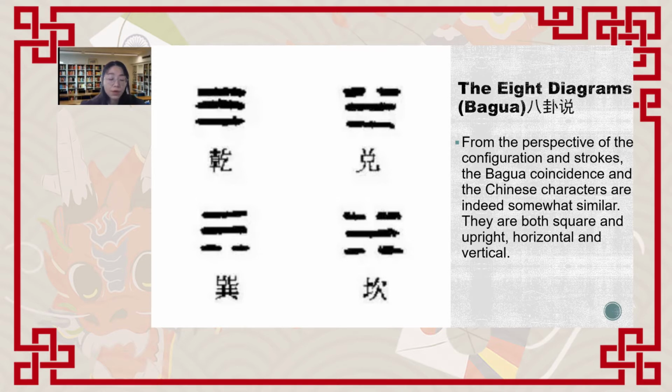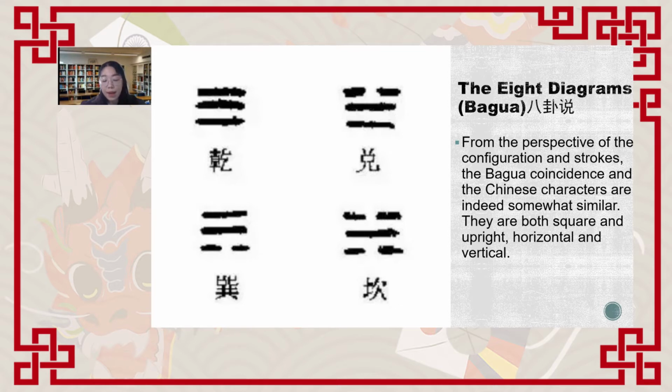In terms of usage, there are also similarities between Bagua conformations and Chinese characters. For example, a Bagua conformation represents one meaning, while in ancient Chinese also a character expresses one meaning.